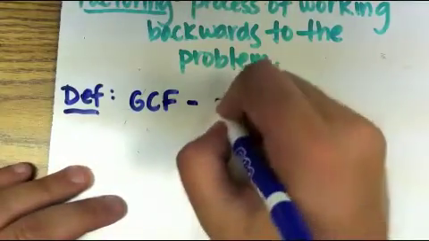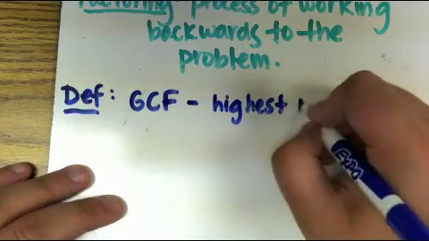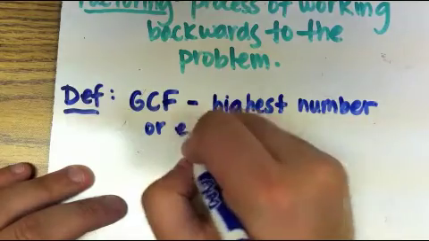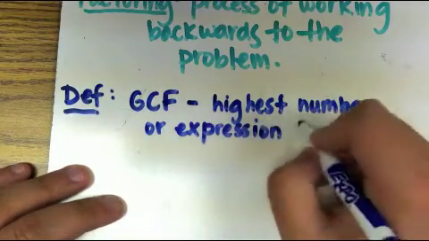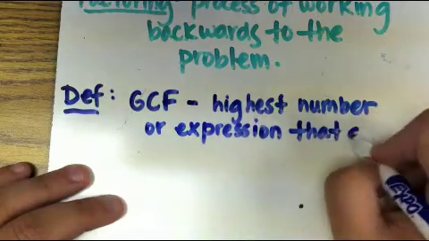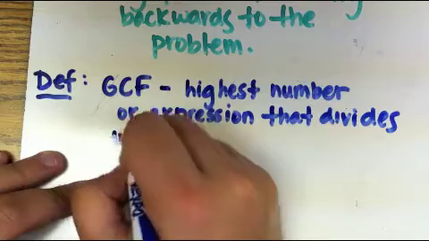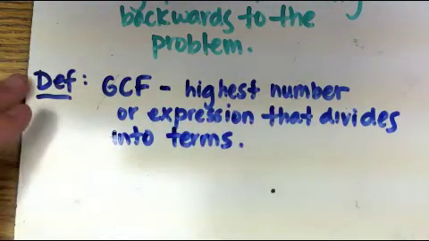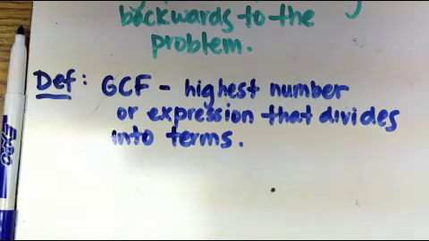Essentially, it is the highest number or expression that divides into terms. I'll elaborate on that a little more in a second. But right now, I want to pose the question to you.